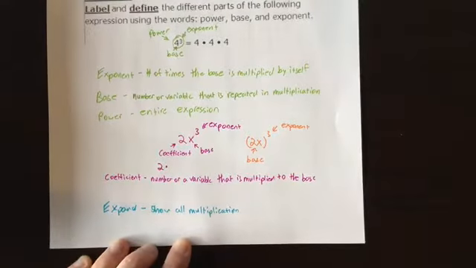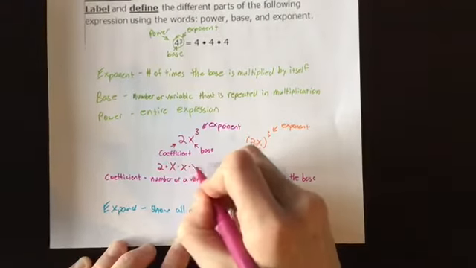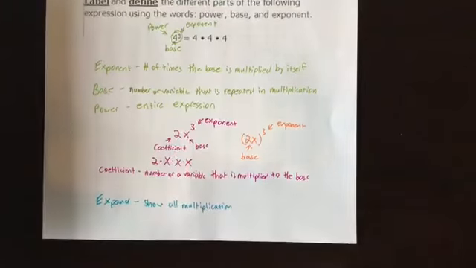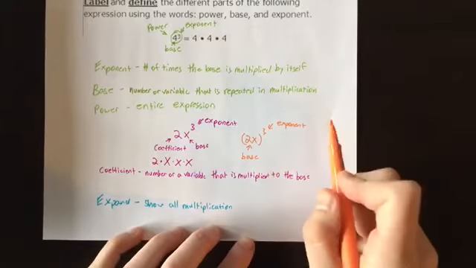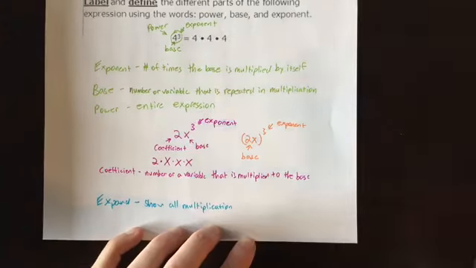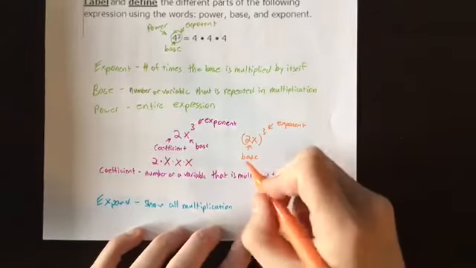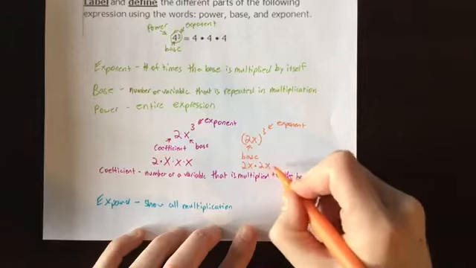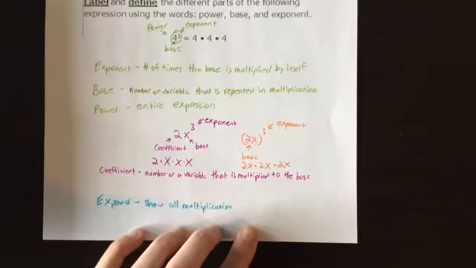And then the x to the third, there's multiplication. X times x times x. That's the power expanded. However, in (2x) to the third, where 2x is the base, right? That's going to be that base, 2x multiplied by itself 3 times. So we can show it expanded as 2x times 2x times 2x.